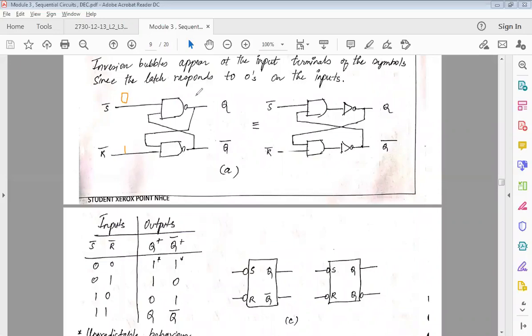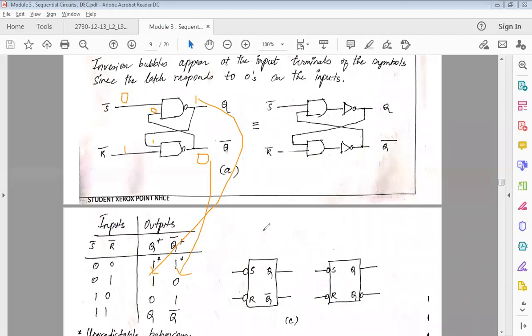When it comes here, it's going to be 1, right? So 1 is going to come here. So 1 into 1 is 1. I'm getting 0 here. This 0 again comes here. So 0 into 0 is 0 and 1. So what is my final value? 1 and 0, right? For 0, 1, I'm getting 1, 0.